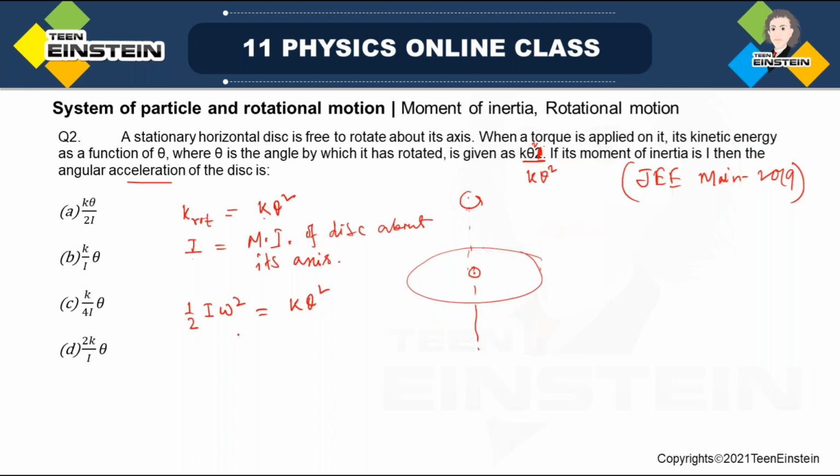Angular acceleration alpha can be written as d2 theta by dt square, or in another way, we can write it as d by dt of d theta by dt. Let me write d by dt of d theta by dt.